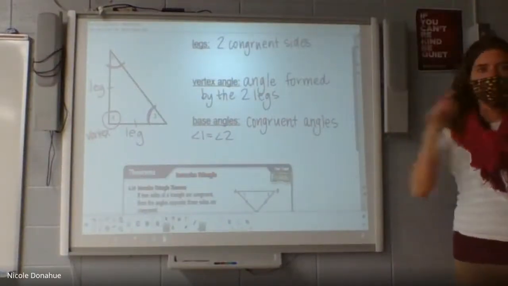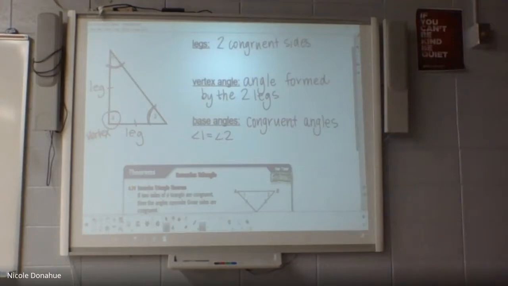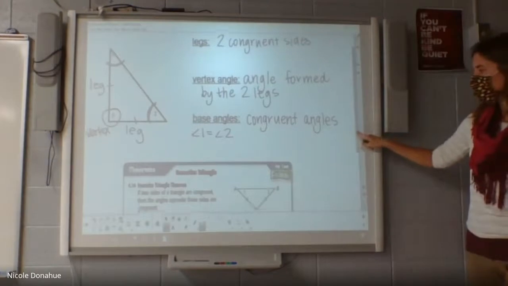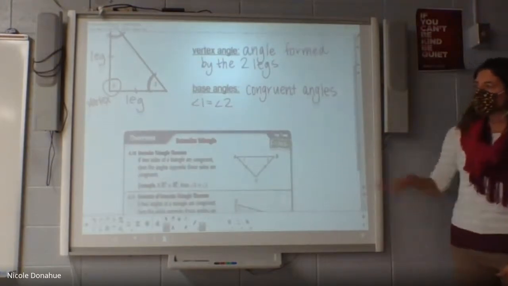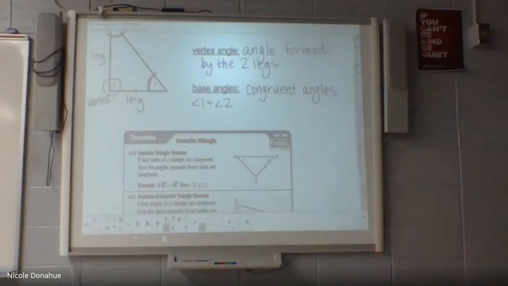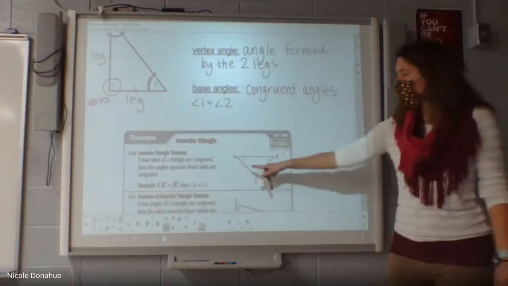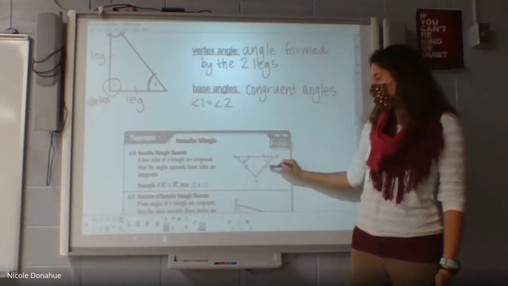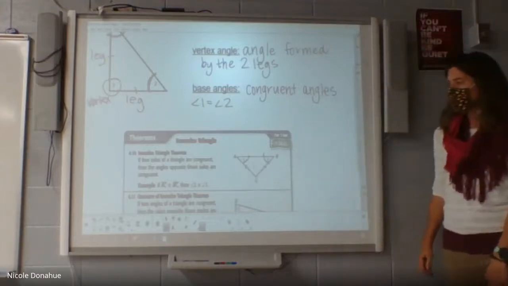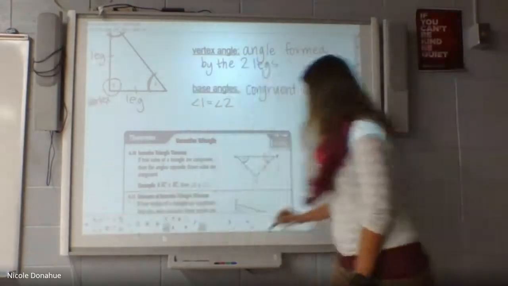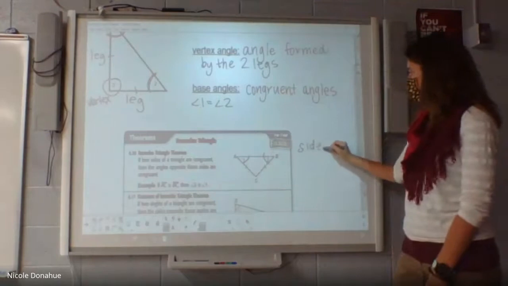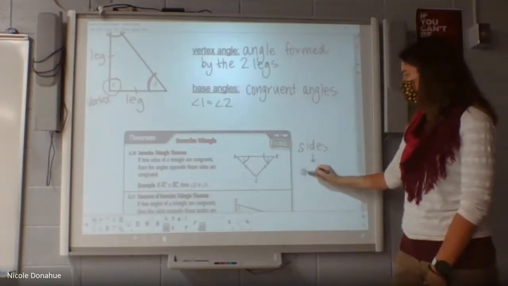Understanding those vocab words is going to be helpful, and being aware of where everything's located as we try to solve these. So basically the rule down here is telling us if a triangle's isosceles, if we have two equal sides, then we're automatically going to have two equal angles. So sides give us angles.